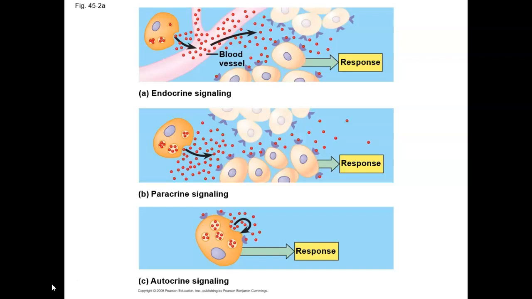Paracrine signaling is usually close by, so you have these cells that are going to secrete ligands or communication molecules, but they're going to do that only close to where the response needs to happen within the organism. You have autocrine signaling as well, where sometimes those same paracrine signaling cells will actually talk to themselves and initiate responses within the paracrine signaling cell itself.